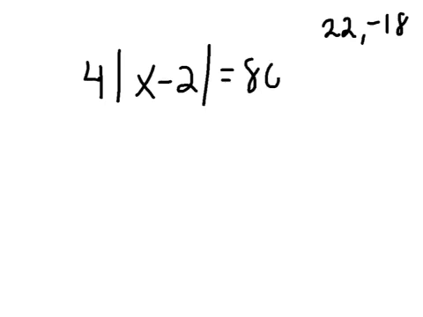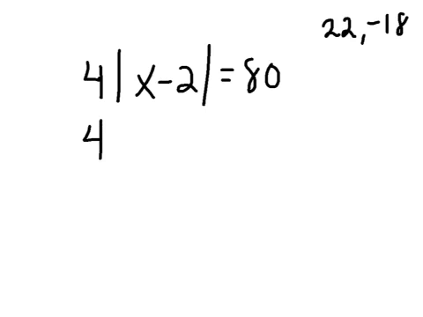Let's just rewrite it. 4 times, whoops, it's not a parentheses, it's an absolute value sign. 4 times x minus 2, absolute value, equals 80.